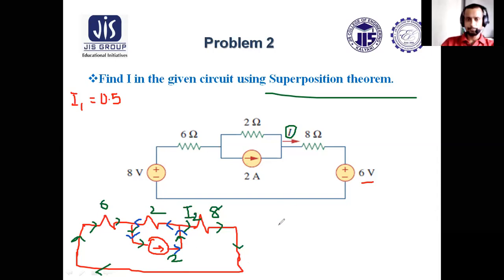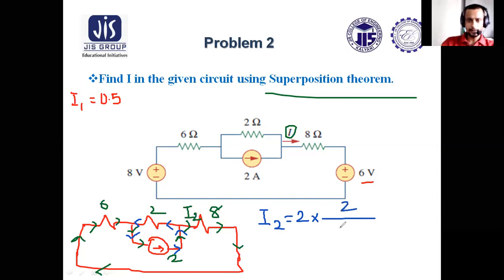So I2 can be written as the total current, 2 ampere, multiplied by the ratio. The 2 ampere current is flowing through 8 ohm and 6 ohm together, so 8 and 6 are in series. The opposite resistance is 2 ohm, and the parallel resistance is 2.